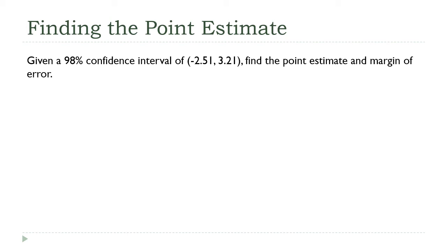Okay, so now I'm asking to go backwards. How can we go backwards? Well, remember what's happening here. We start with p hat, then I add e, and I get this upper value, 3.21, and I subtract e, and I get this lower value, negative 2.51.